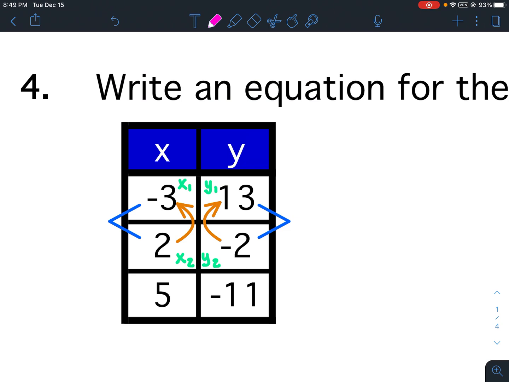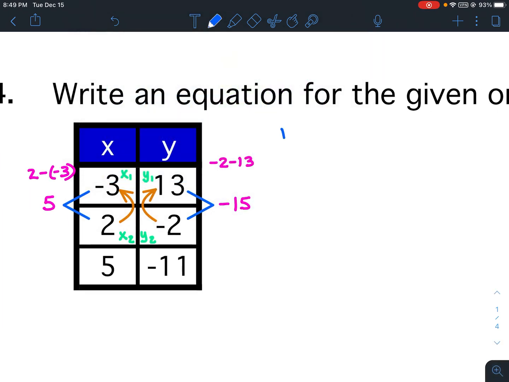For the -2 minus 13, that would be -15. And then on this side, it's going to be 2 minus -3. 2 minus -3 becomes 2 plus 3. So this is 5.